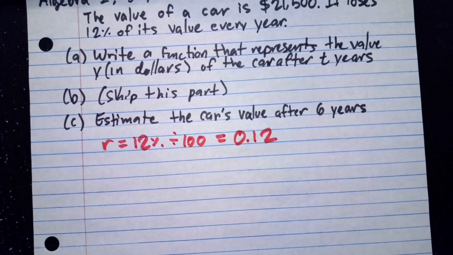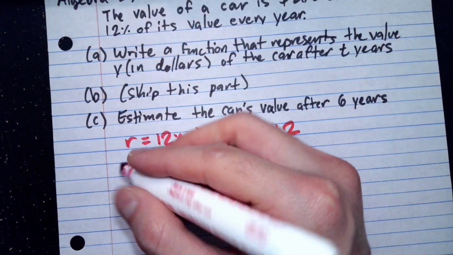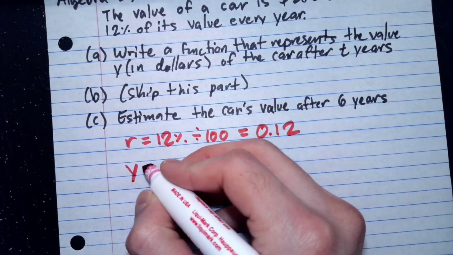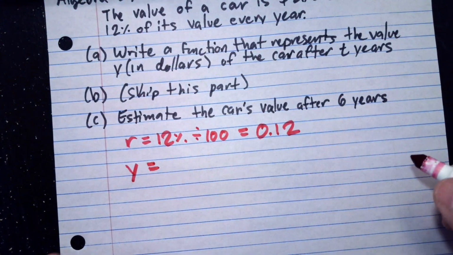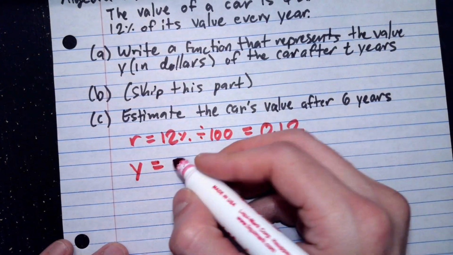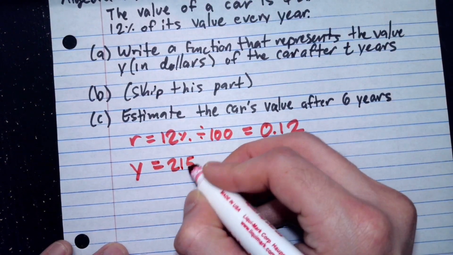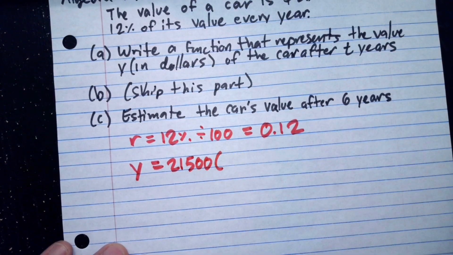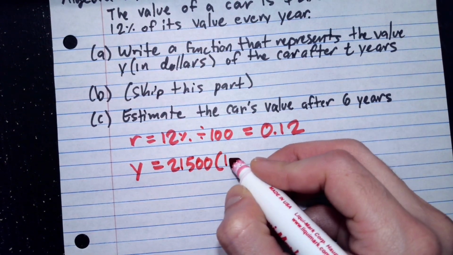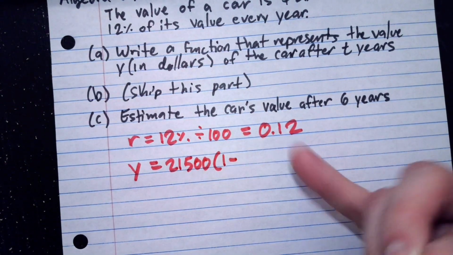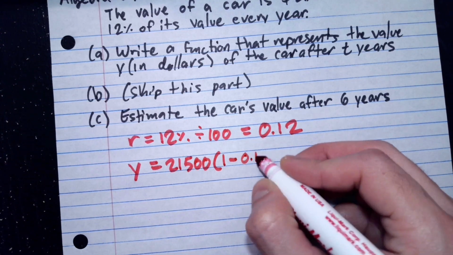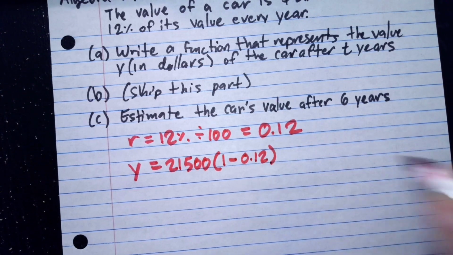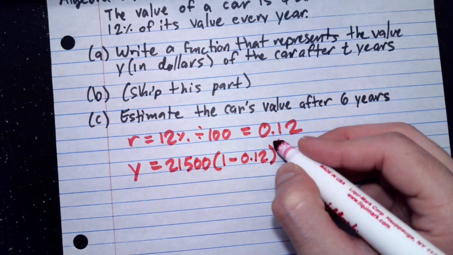And now we can start by writing the general form of an exponential decay function. So we know that y has to be equal to the initial amount, which we said was 21,500, multiplied by 1 minus r, which in this case is 1 minus 0.12, and we're going to raise that to the t power.